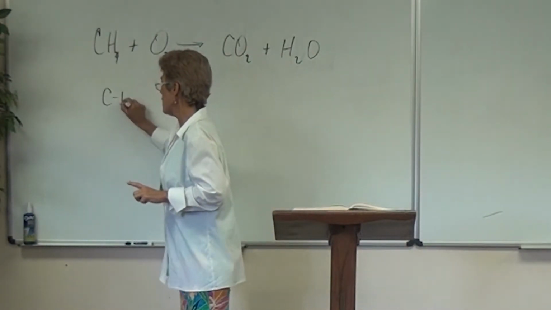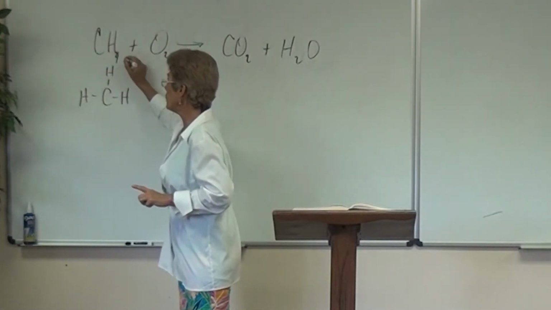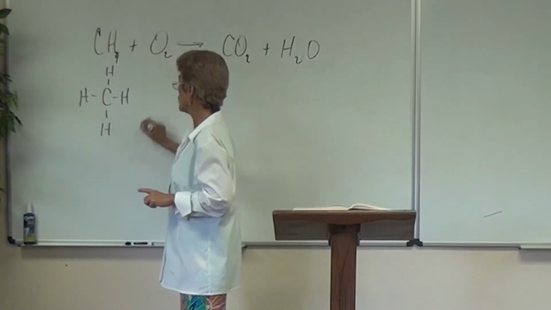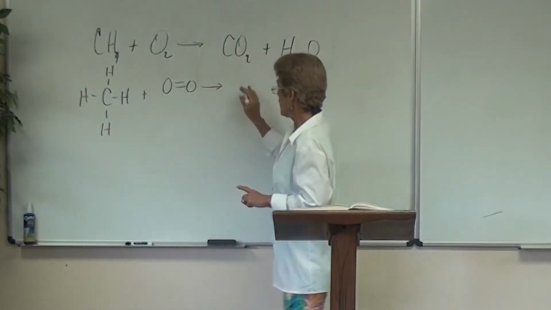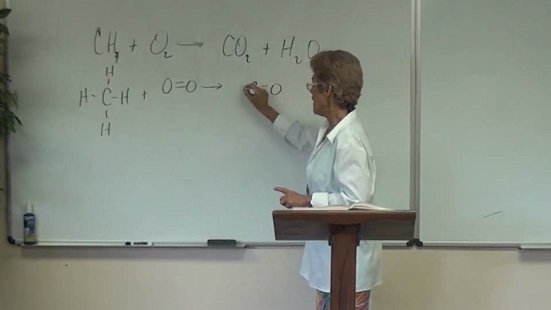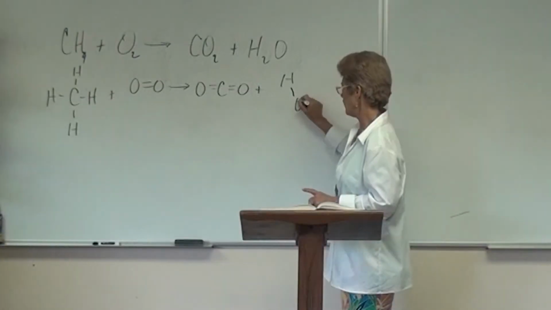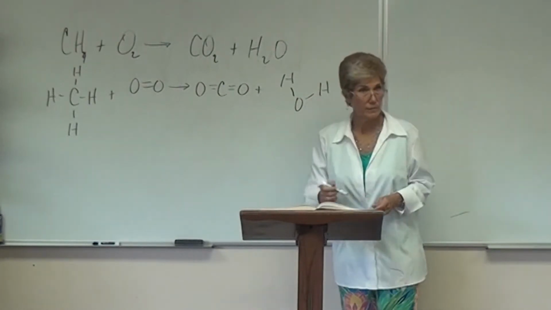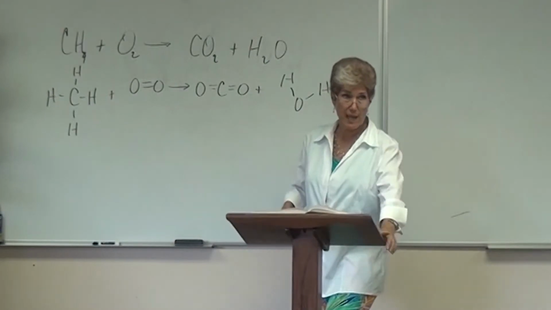This represents a methane molecule. That's a carbon with 4 hydrogens attached. This represents an oxygen molecule. It says that it produces carbon dioxide plus water. That's what that chemical equation actually says.